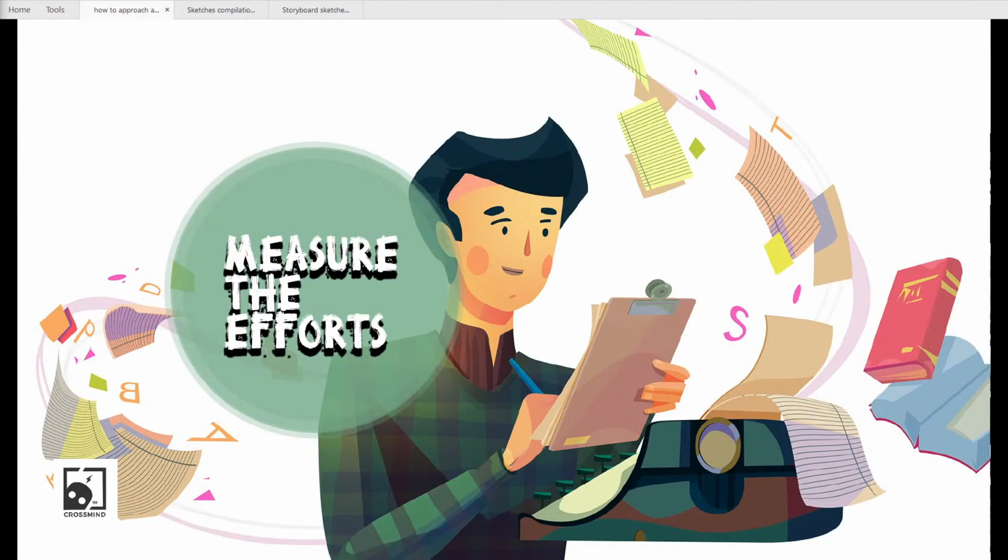Then post that you can measure the effort and kick off your production. Just before you start everything, think twice: all right, this much resources I have, this is what I don't have. For this I can take help from outside, for this I can learn a few things. So just measure the efforts, and don't try to do everything by yourself. Like I said, you can take help for the story, you can take help for the sound. That's perfectly okay.